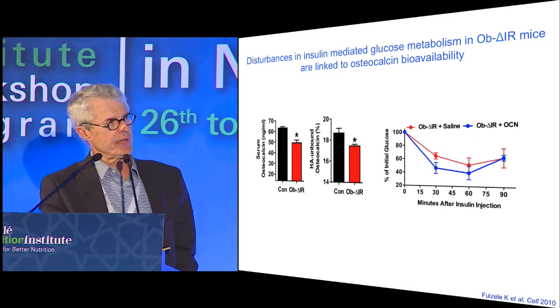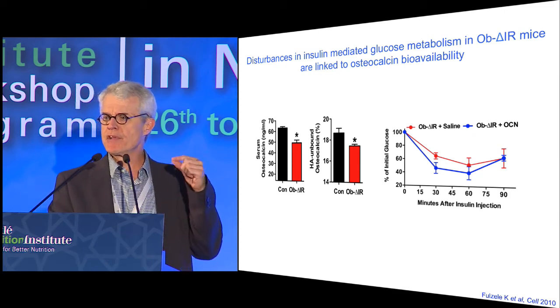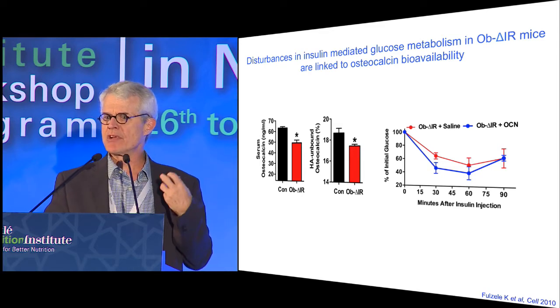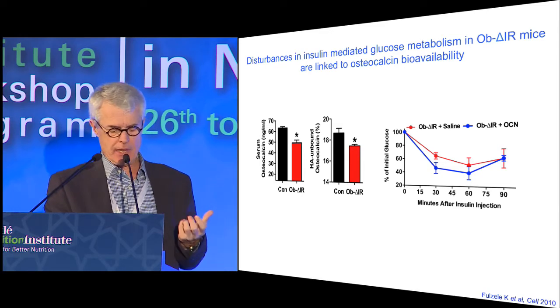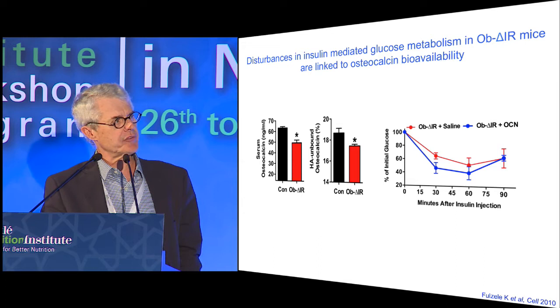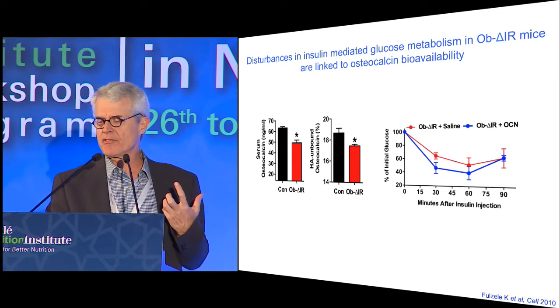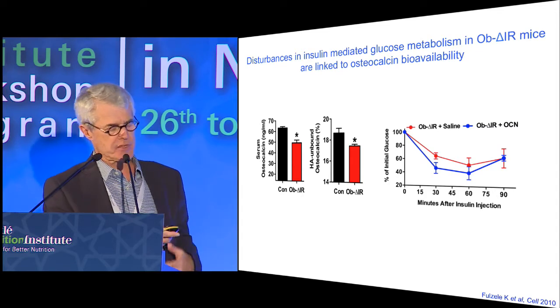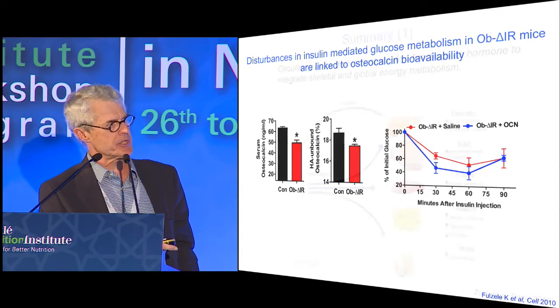Then we administered this undercarboxylated, quote, hormonal form of osteocalcin to the mouse that lacked the insulin receptor, and it improves the insulin sensitivity in that mouse. So again, this strongly suggested that osteocalcin was made by bone, responsive to insulin, and acting in the pancreas to promote insulin secretion.